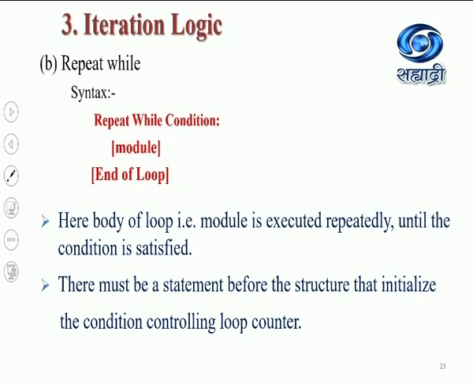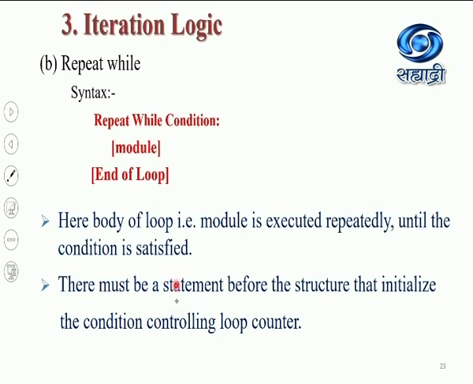Okay. While in the previous structure repeat for, all the initialization, condition and updation of the counter are within the same line. Here it is divided into three parts. First of all, you have to write the initialization, then write the condition, and here the module statements. After that, here there is the update counter.